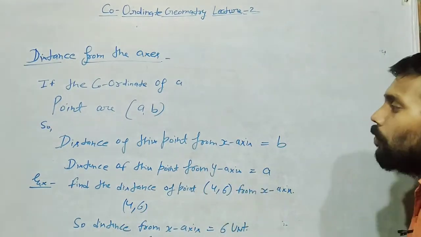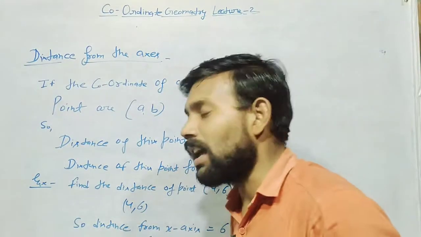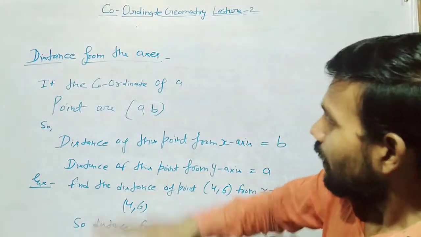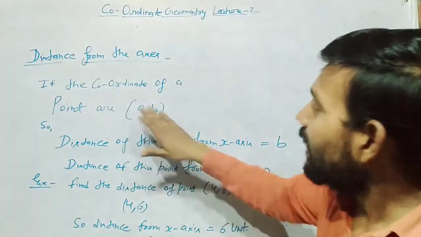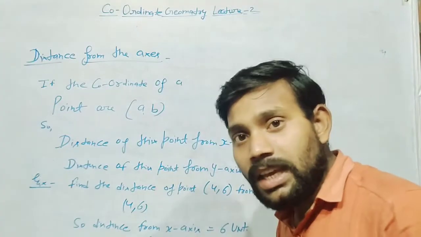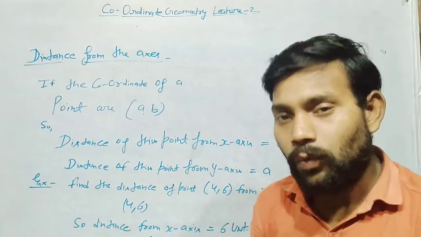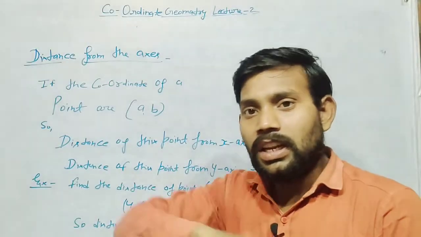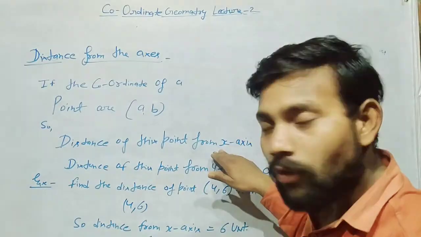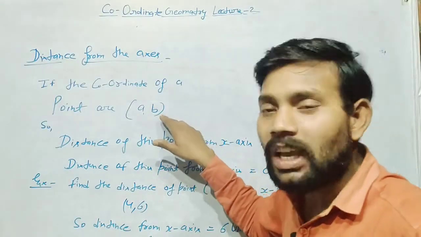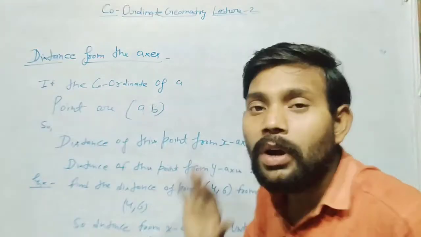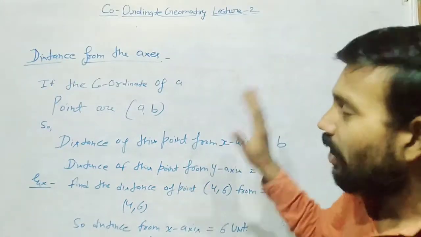So these points are also clear. For a point with coordinates (a, b), the distance from the x axis is b and from the y axis is a. It is like an inverse, because for the x axis we take the value of b, and for the y axis we take the value of a. So this point is clear.